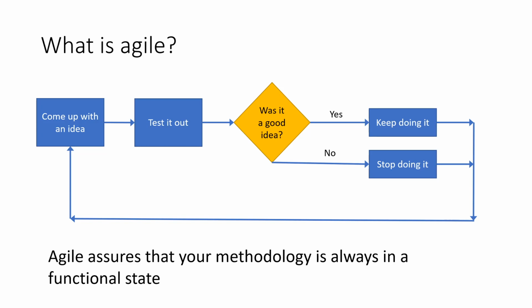We try a small thing and we decide if it's good. Okay, we've made a small change to our methodology. It's gotten a little better. If it's bad, we made a negative change to our methodology, so we're going to take it away. So this keeps our methodology healthy and functional and consistent.